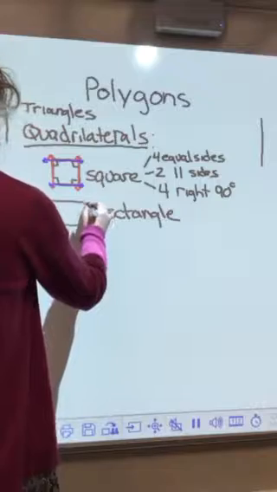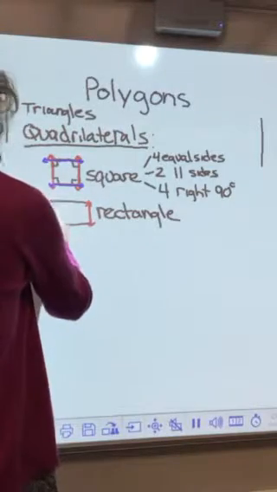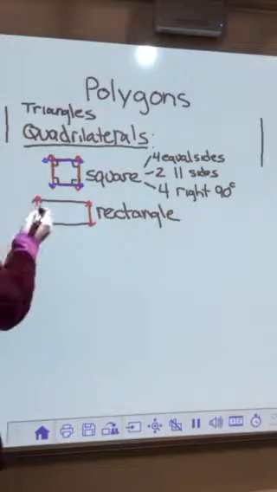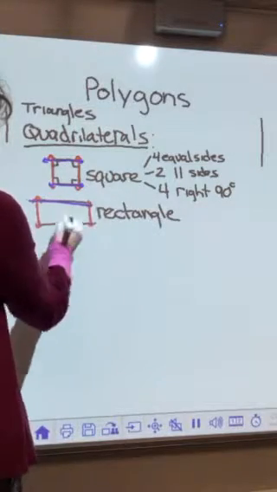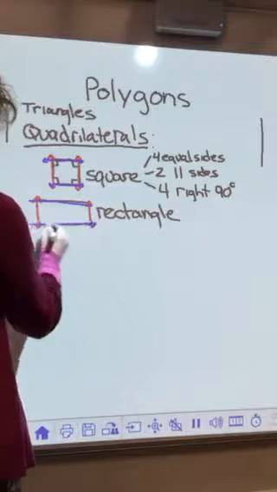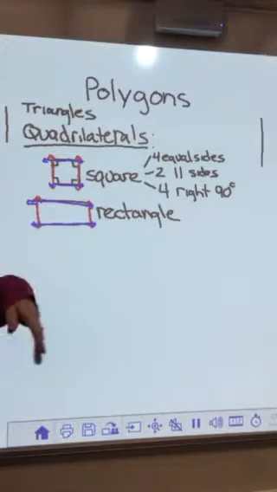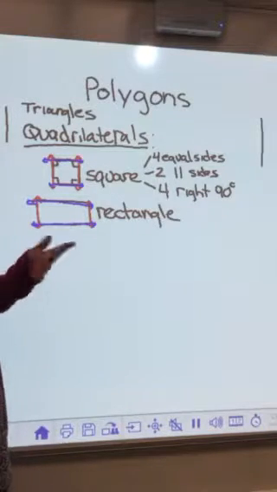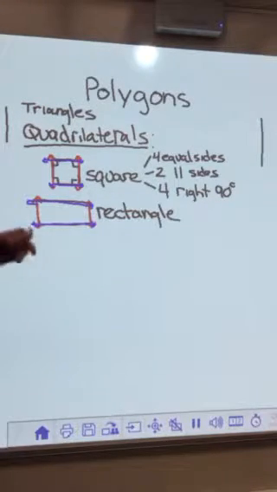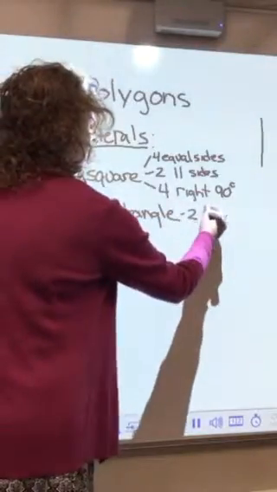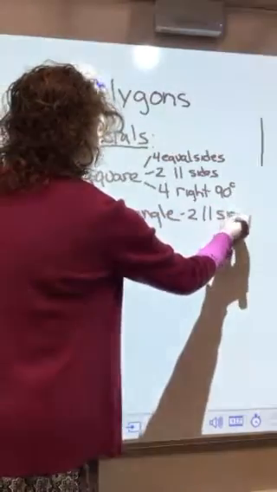See how these sides are parallel? And then look at these sides being parallel. Parallel lines go on and on forever without ever touching. So they do have those 2 sets of parallel sides.